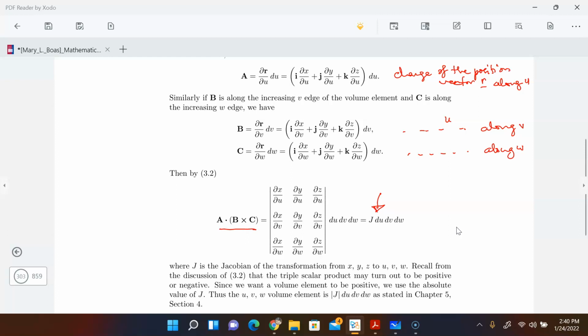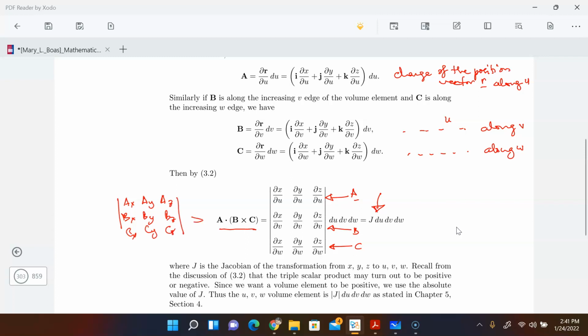So this gives you all these rows: this is A, this is B, and this is C. When you do the determinant, this is equivalent to A dot B cross C. This is the same as before: Ax, Ay, Az, Bx, By, Bz, Cx, Cy, Cz.